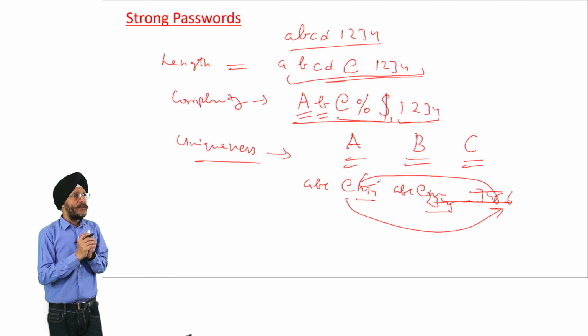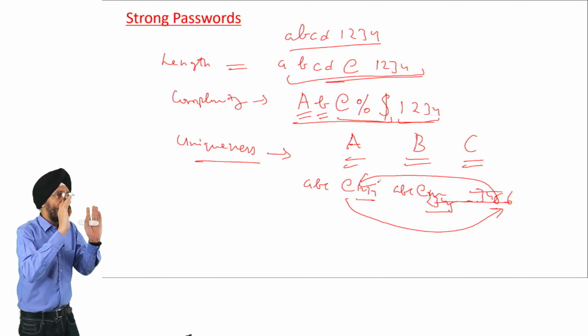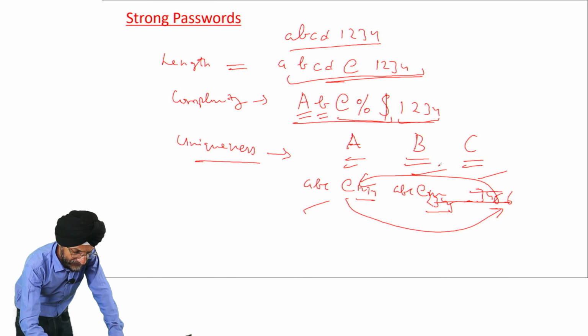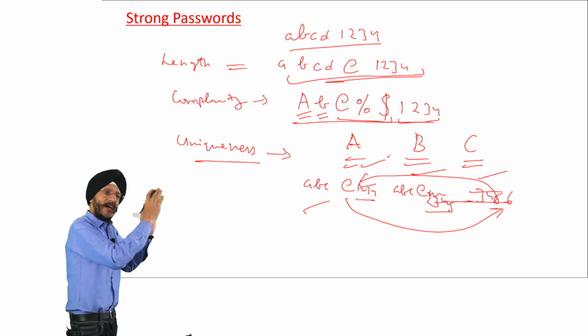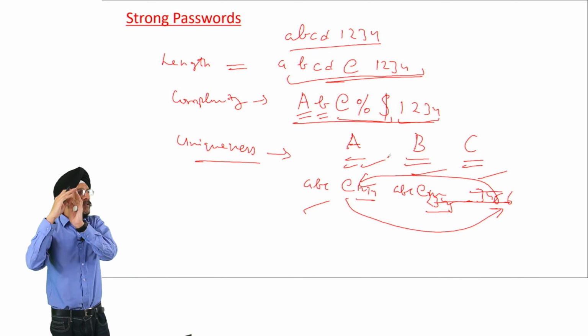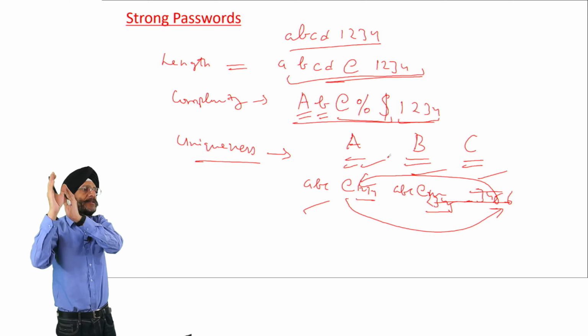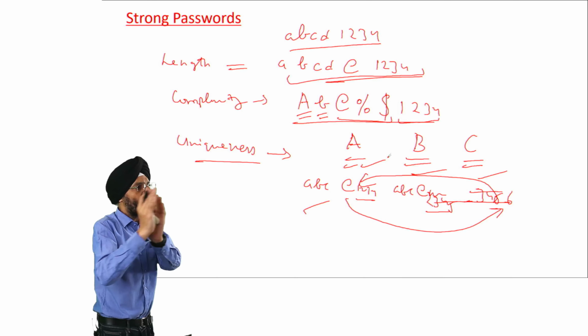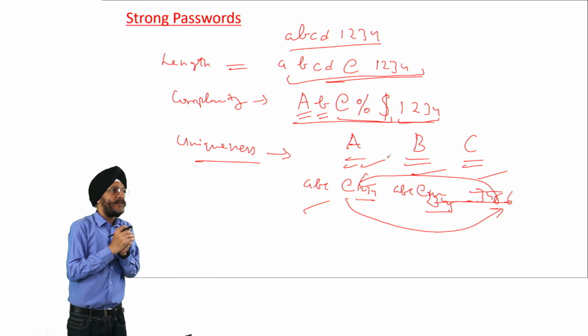So we should keep different passwords for each and every online account, whether it is a bank account, insurance account or any e-commerce site such as Amazon or Flipkart. We should have separate passwords for each of these accounts.